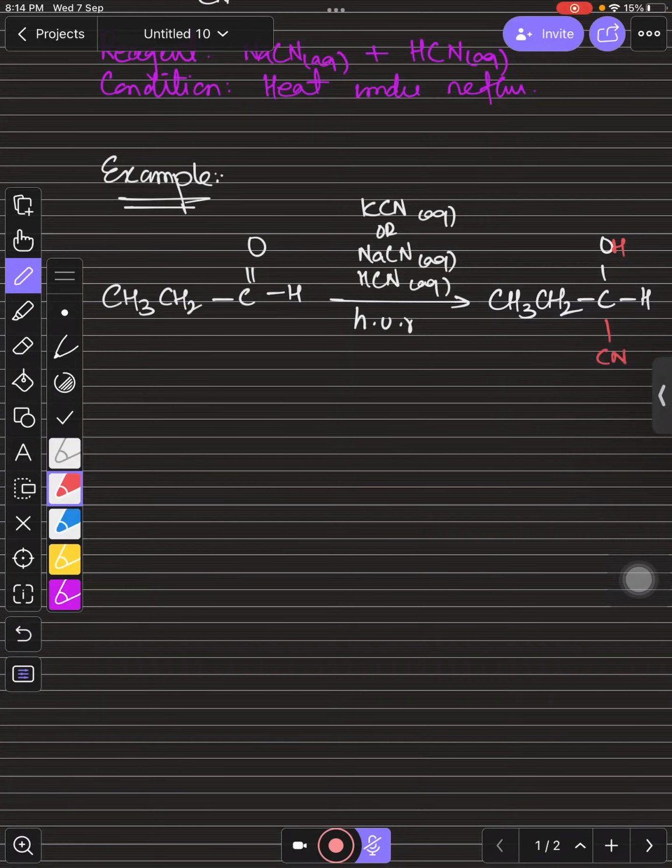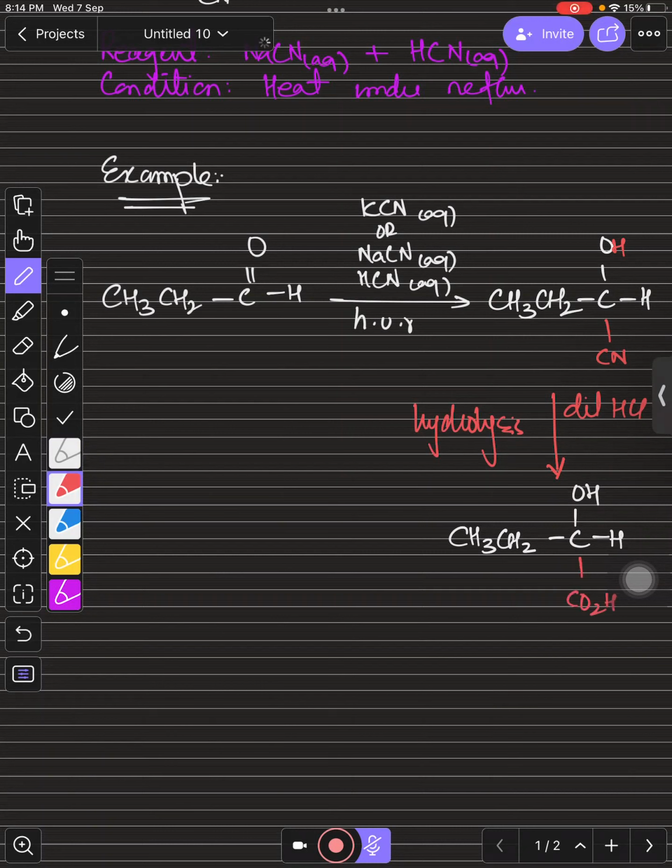And the next thing is, you know that hydrolysis is one of the processes. Whenever you find CN anywhere, if you react it with dilute HCl or dilute sulfuric acid, you know that it can be converted into carboxylic acid. So it will be hydrolyzed to convert into carboxylic acid, right?